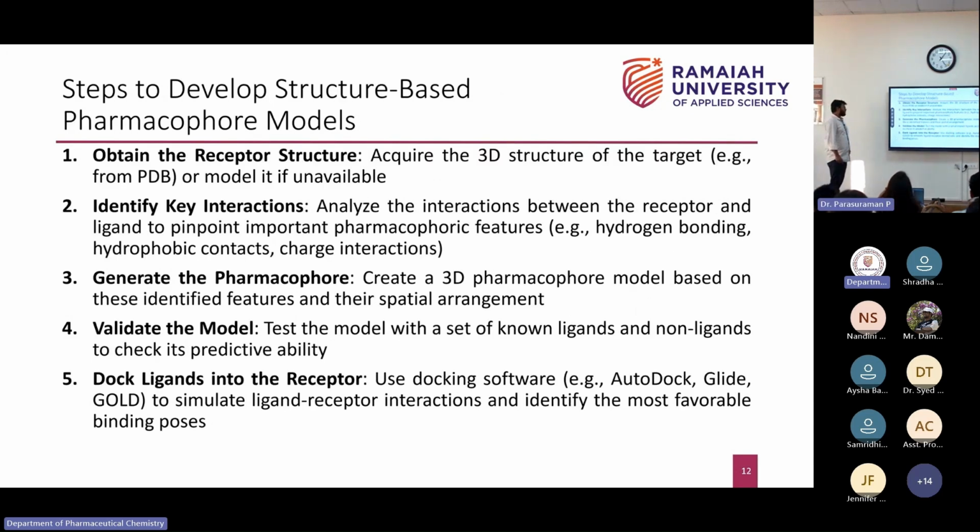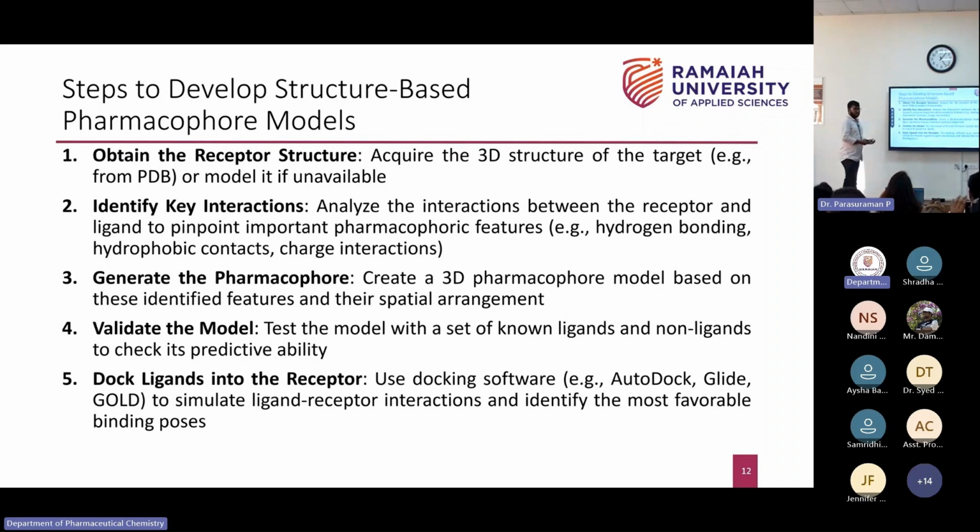What are the steps involved in structure-based pharmacophore modeling? First, obtain a 3D receptor structure. Next, identify the key features. I already told you the key features: hydrogen bond donor, hydrogen bond acceptor, lipophilicity, aromatic ring.